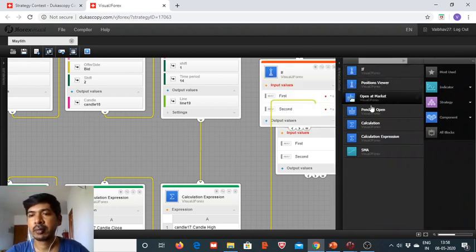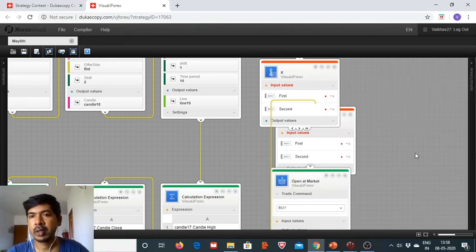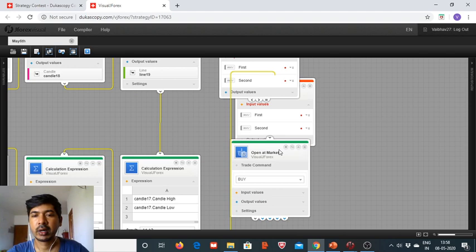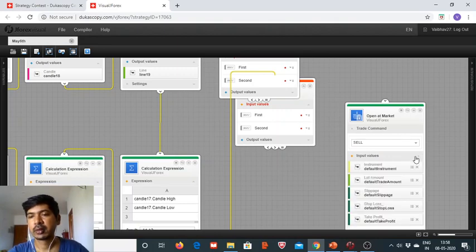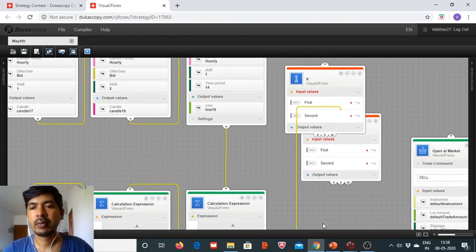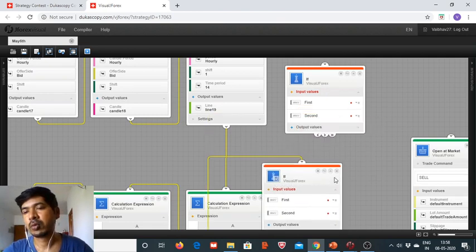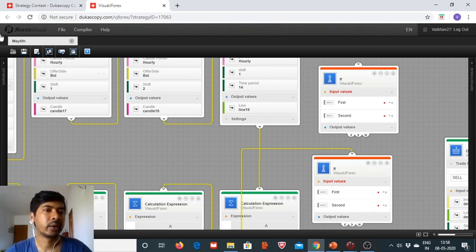Open at market. We are going to need it anyway, so we have brought it straight away. We make it sell. Yes. Now is the time to consider candle 17 close.